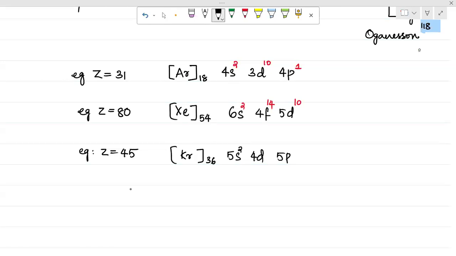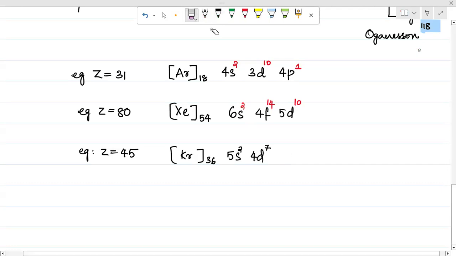So this is 38 plus 7. That's it. So this is how you write the electronic configuration. You will get options like these at times, so you should know what it means.